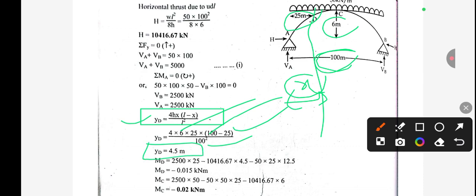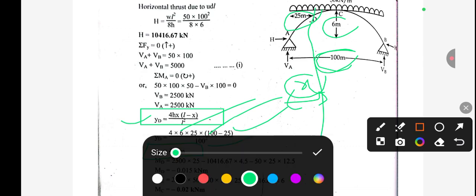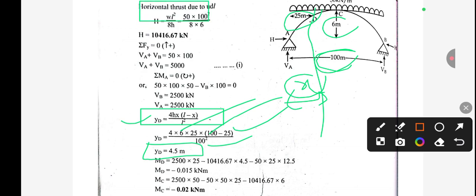So from here you can see we have calculated three different parameters. First, the horizontal thrust. Second, the values of VA and VB.